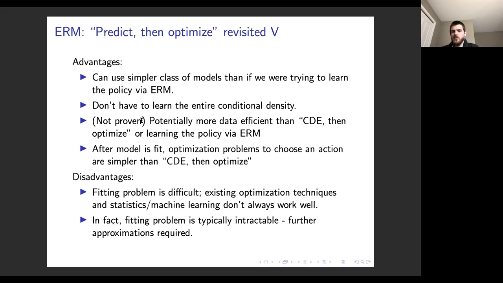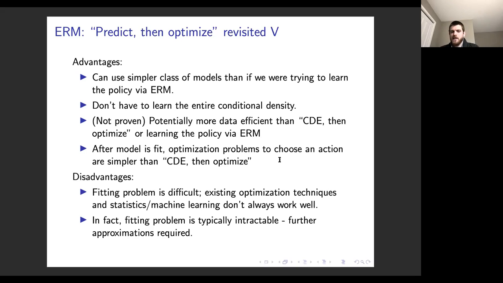But at least intuitively, you would think that maybe there are some data gains there. Another advantage over CDE then optimize is that the optimization problems that you get out of this are simpler because you're just using a point prediction instead of using the entire training set when you're choosing an action for fixed side information.